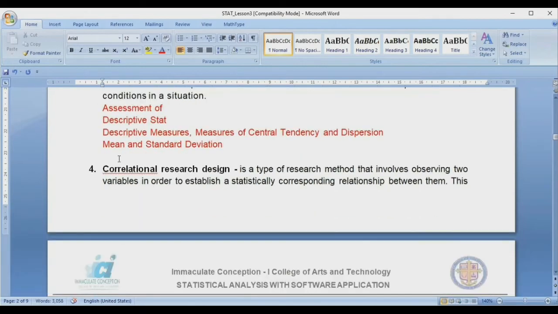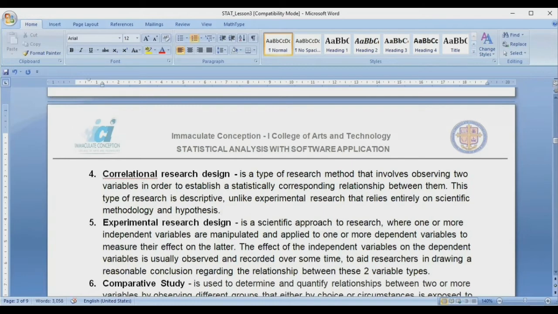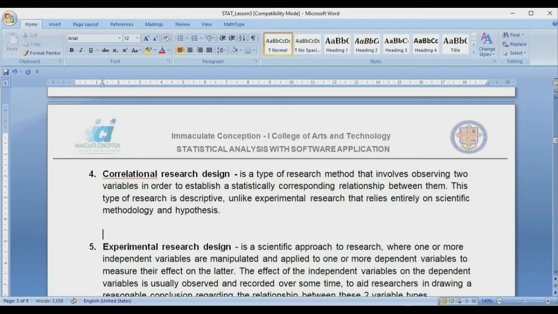Next one, number 4, correlational. From the word itself, relation. So ito, it is used to determine the relationship between variables. Meron tayong common na ginagamit na correlation, yung Pearson R. Relationship between two variables.